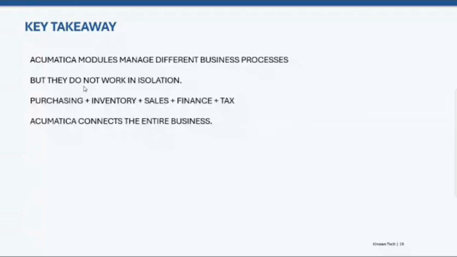That is where it is defined as an ERP, an enterprise resource planning management system. Acumatica connects the entire business and treats it as one. It's just one system handling every aspect of the business. It's like your body. All the parts in your body must work together so that you can be a complete human being.